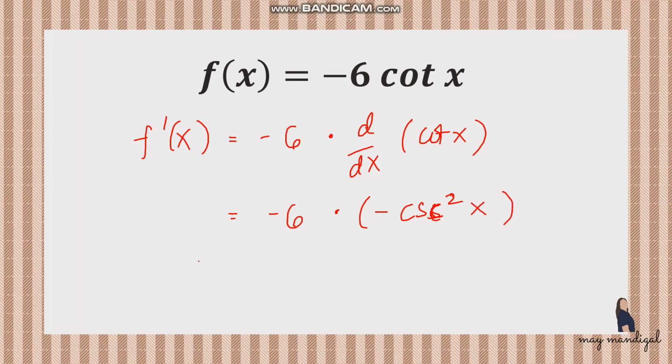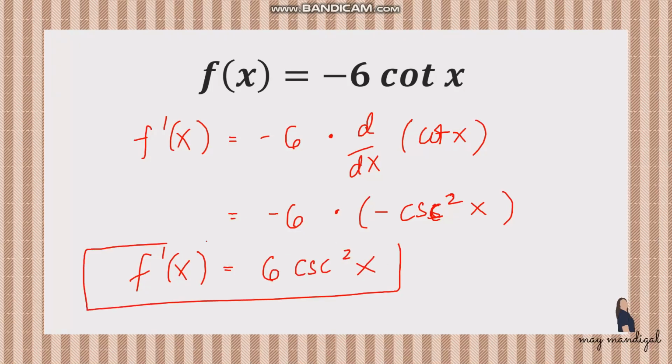So if we multiply this, negative times negative, therefore the derivative of this is 6 cosecant squared of x. Again, for cotangent, its derivative is negative cosecant squared x.